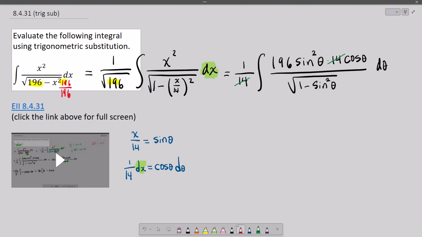So this whole piece right here turns into cosine, which is going to take away that cosine. Everybody okay with that? 1 minus sine squared is cosine squared. Square root of cosine squared is cosine. Cosine cancels with cosine. So we end up with 196 integral sine squared of theta d theta.